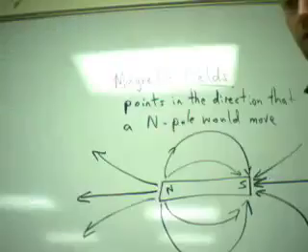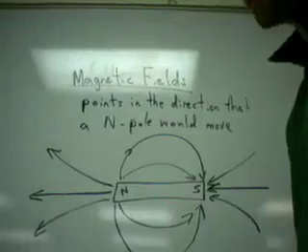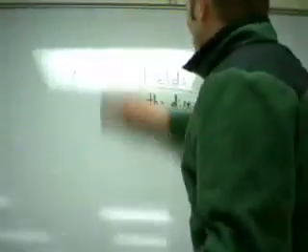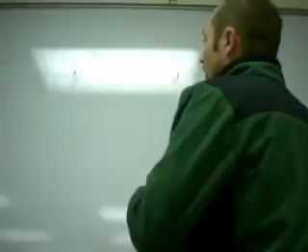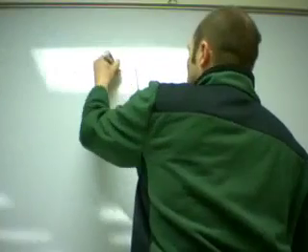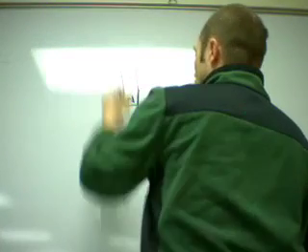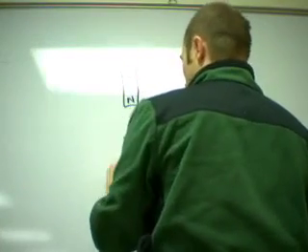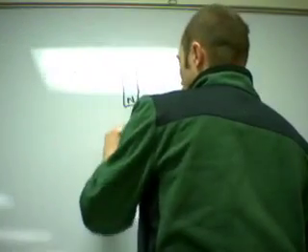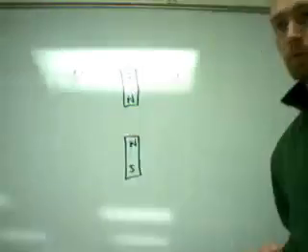What I want you to do with your table partners or groups is draw what the magnetic field would look like around two different setups. The first one is going to be like this: north, south, north, south, so that the same poles are in the middle.